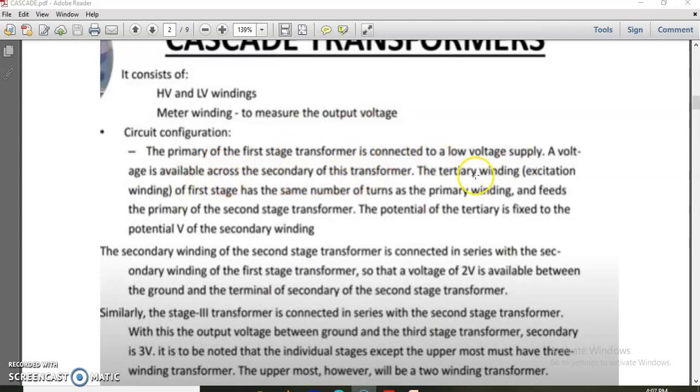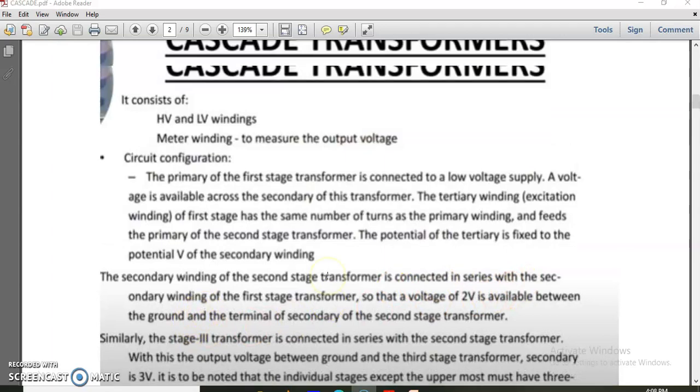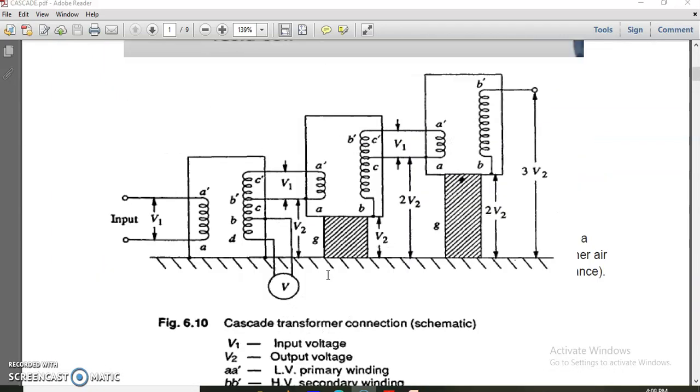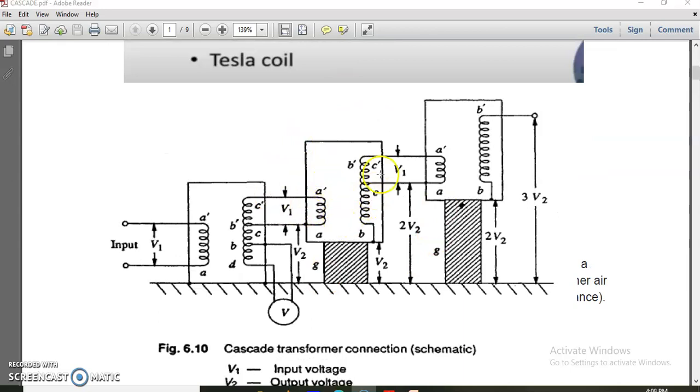The tertiary winding, that is the excitation winding of the first stage, has the same number of turns as the primary winding, which feeds the primary of the second stage transformer. And the potential of the tertiary is fixed to the potential V of the secondary winding. The secondary winding of the second stage transformer is connected in series with the secondary winding of the first stage transformer.